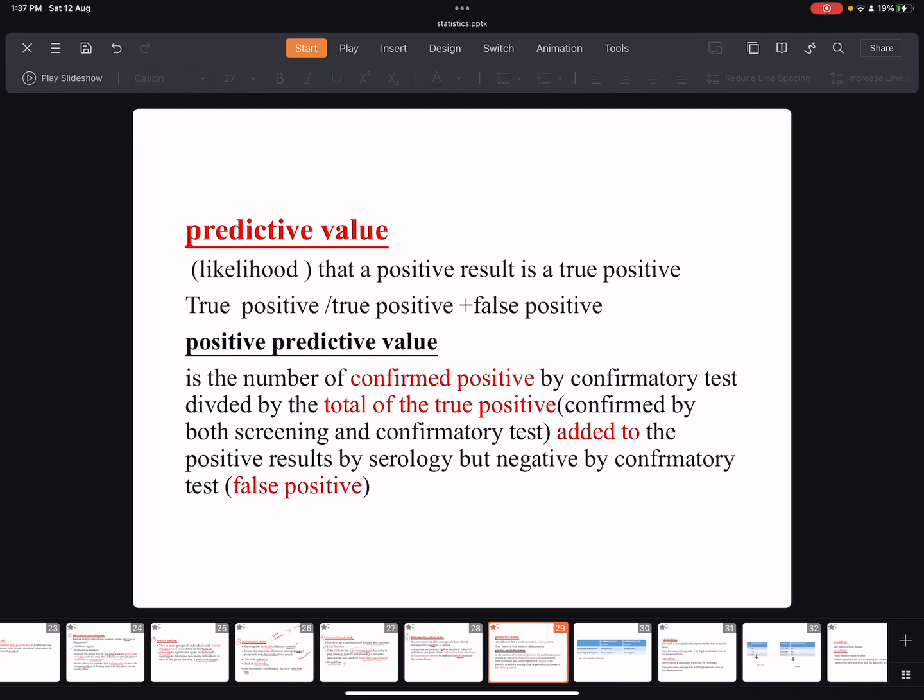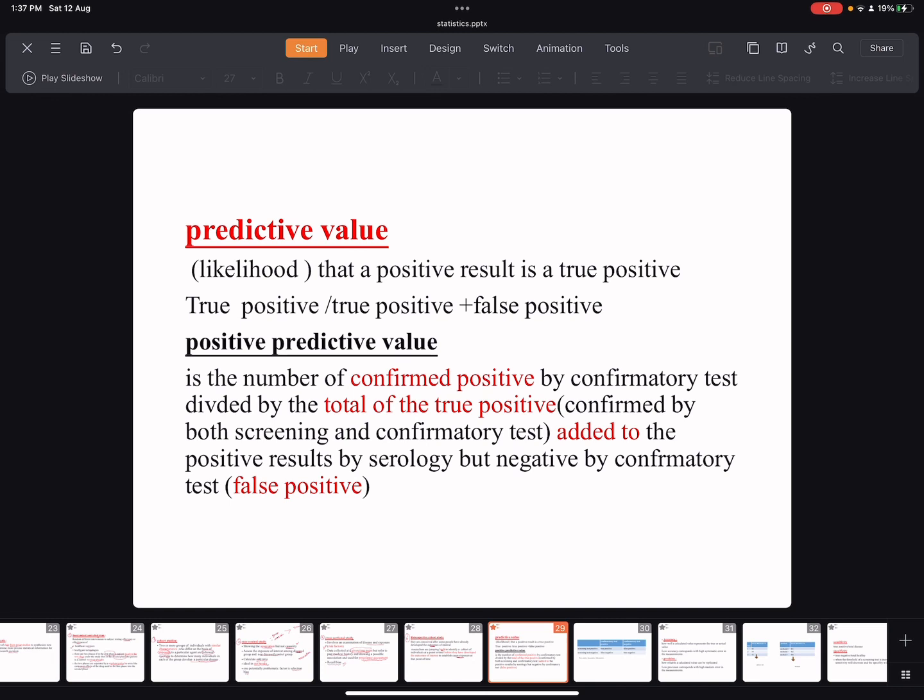If we want to calculate the total positive, then we are going to add the truly positive by the Western blot and the falsely positive by the ELISA. So this is considered the total positive.